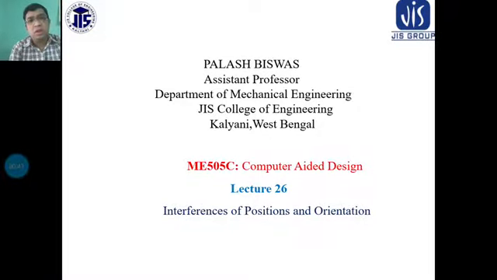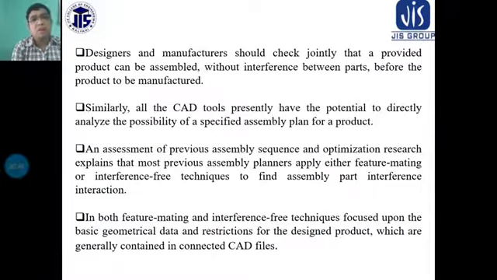According to this, the designer and manufacturer should jointly check that the product can be assembled without interference between parts before the product is manufactured. Similarly, all CAD tools presently have the potential to directly analyze the possibility of a specified assembly plan for a product.